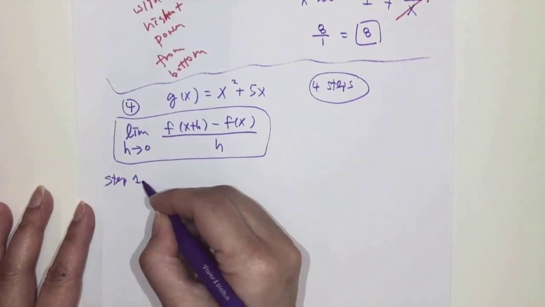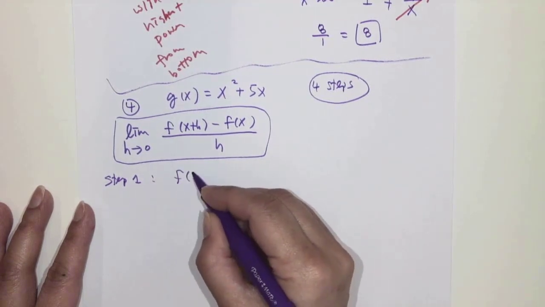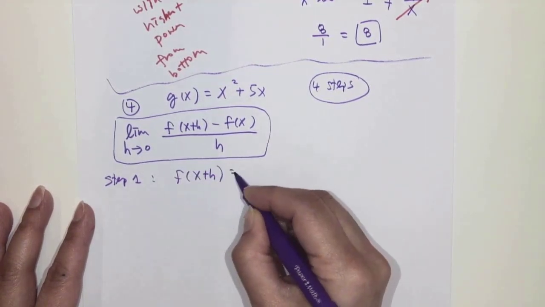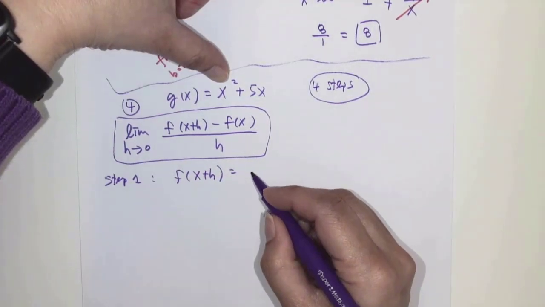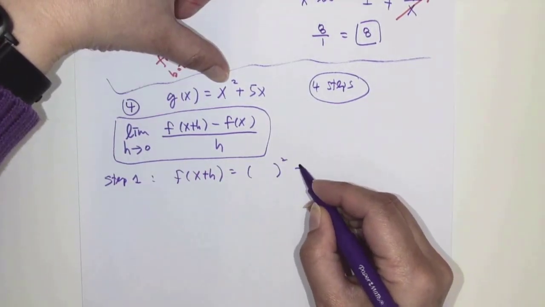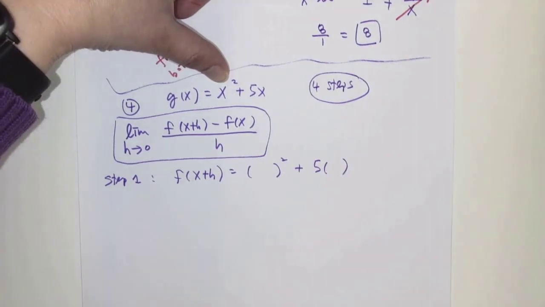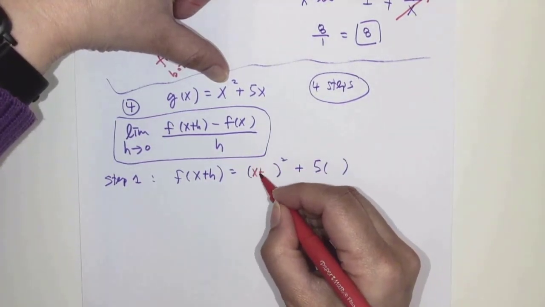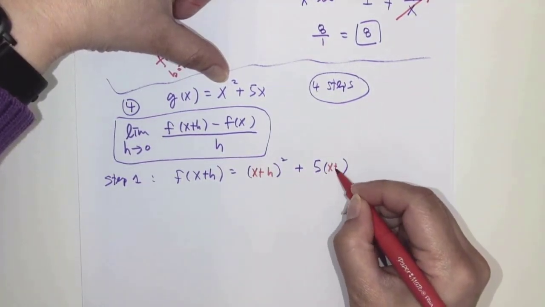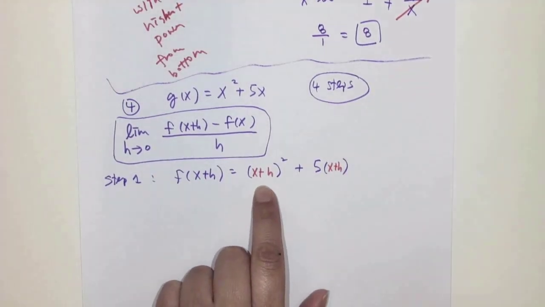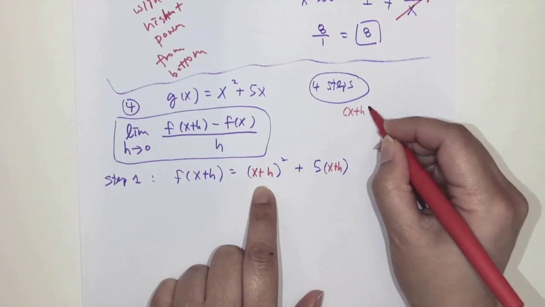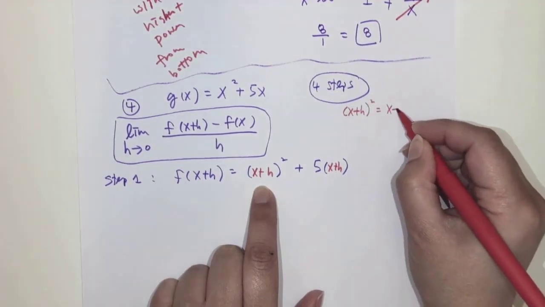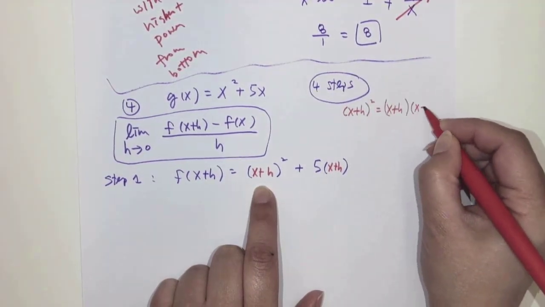Step 1, we need to find f of x plus h. F of x plus h means whenever you see x, plug in x plus h. So something squared plus 5 times something, and we're going to plug in x plus h. Hopefully by now you know what x plus h squared is, but if not, it's x plus h times x plus h.